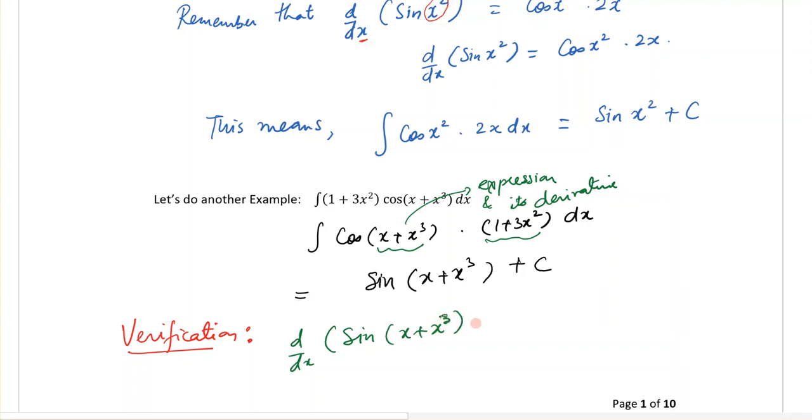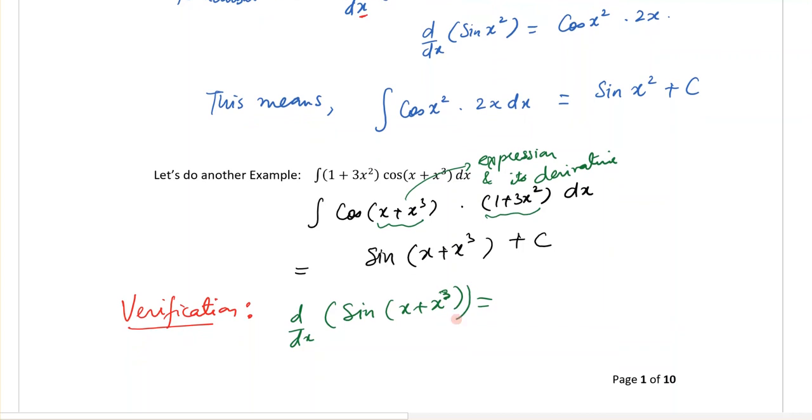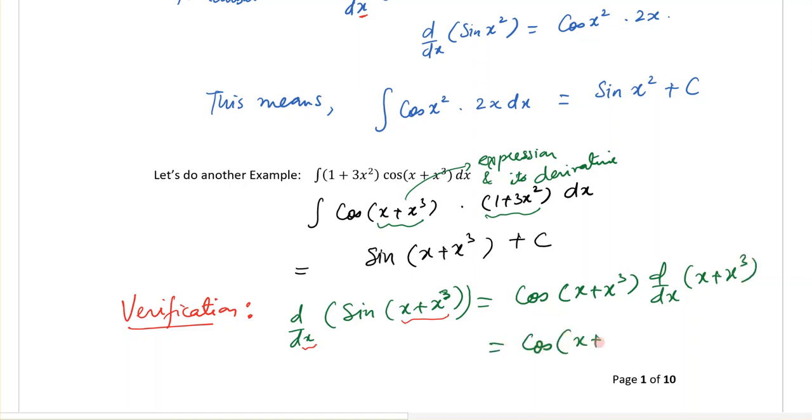I know that the derivative would be cosine of x plus x cubed, and since we have a different expression here, we need to apply the chain rule. So we need to take the derivative of x plus x cubed again. What we get here is cosine of x plus x cubed multiplied by 1 plus 3x squared. So this verifies that what we did in the example to evaluate the integral is correct.